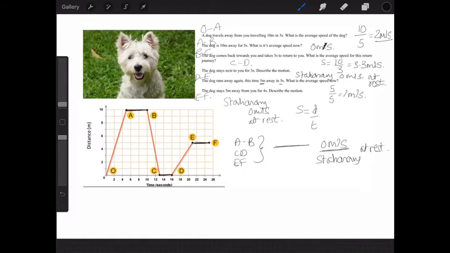If we look at O to A next, right at the start of the graph, here distance is changing with time. And we can work out the speed from a distance time graph by using the gradient of that line. So here, the y value is gradient.